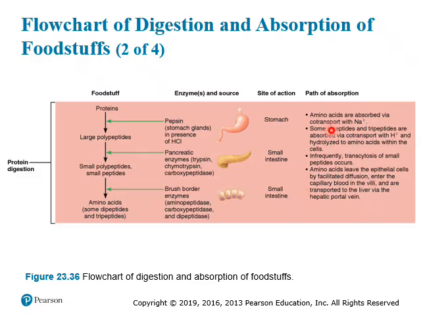So, what happens to those digested items? Amino acids, for instance, in the stomach are absorbed via co-transport with sodium ion. Some dipeptides and tripeptides are absorbed via co-transport with hydrogen ion and hydrolyzed into amino acids within the cells. In the small intestines, infrequently, there is transcytosis of small peptides.